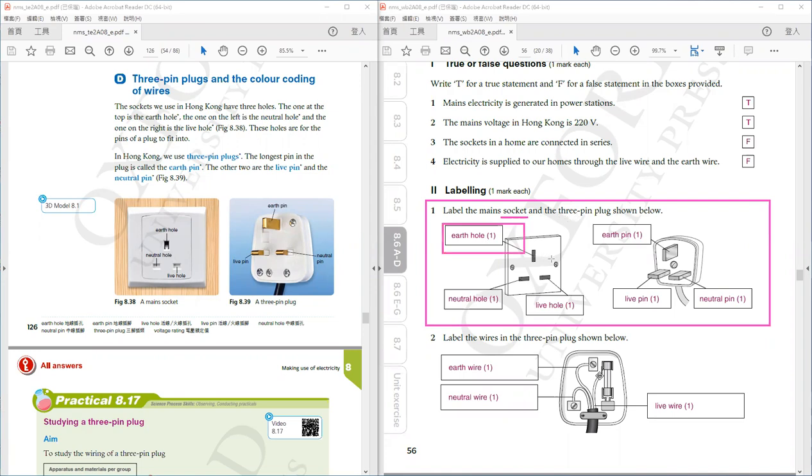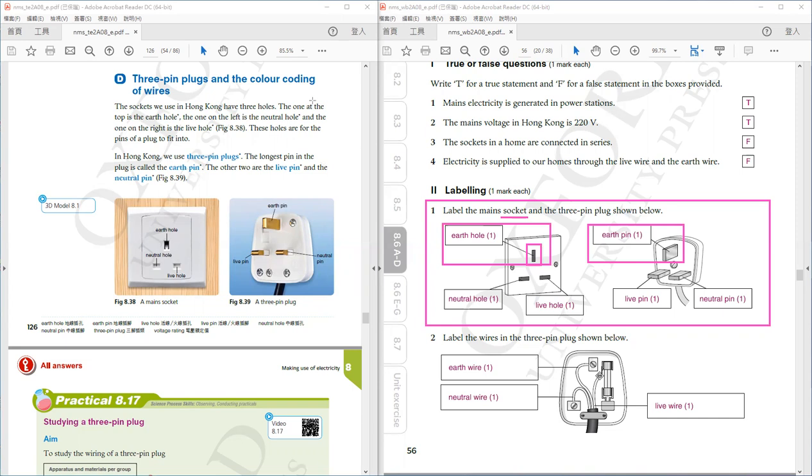The top one looks like the Chinese character 品. Okay, the top one we call earth pin and earth hole. Pin is the thing that pokes out. 突出嚟嘅。Hole is the position where the pin inserts into.